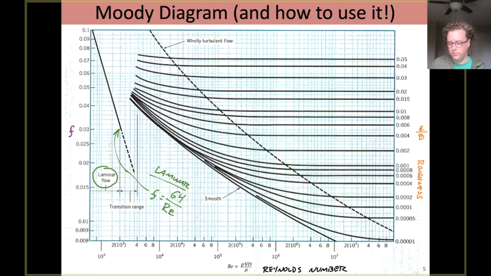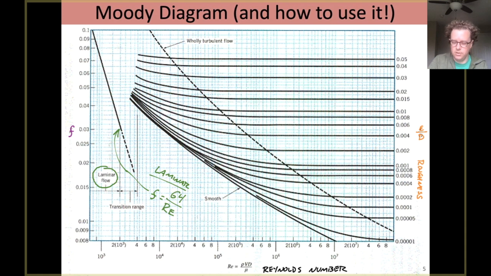That's perhaps unsurprising if we think about it, because the energy loss in laminar flow is mostly about fluid scooching past other fluid. So yes, it has to do with the Reynolds number, but very little of it has to do with friction from the edges of the pipe. So if we're in the laminar range, we could estimate the friction factor as 64 over Reynolds number, and you can go ahead and use the Darcy-Weisbach equation.